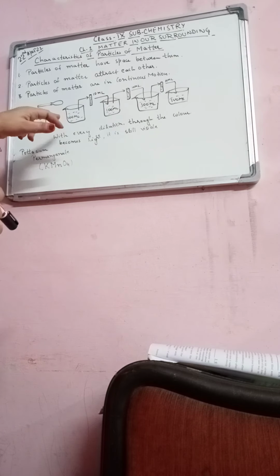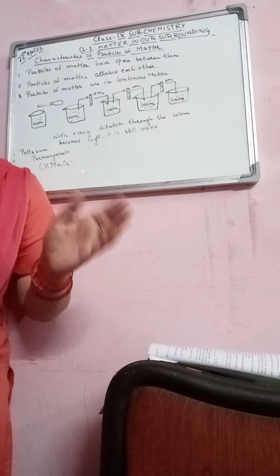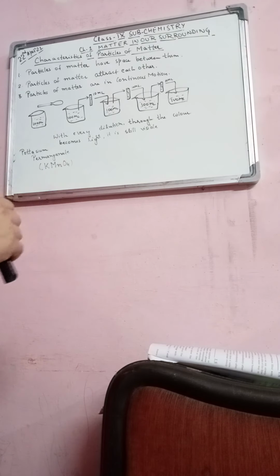Right? So 2-3 crystals of potassium permanganate you have to add. And the next step is, just take 10 ml of this solution into another beaker. You will observe, as I will explain, that potassium permanganate is pink in color.